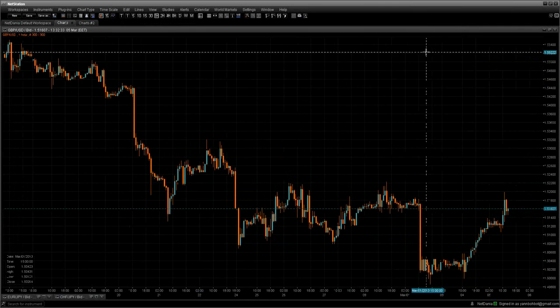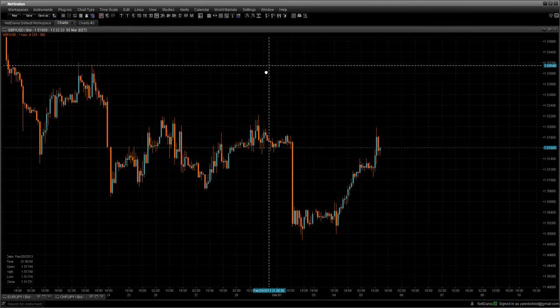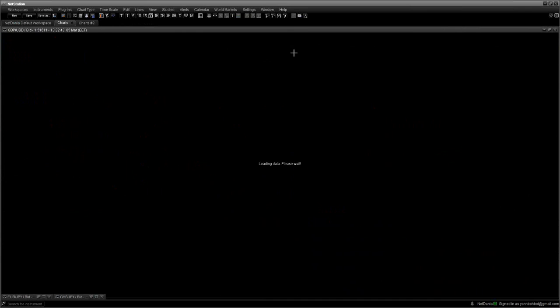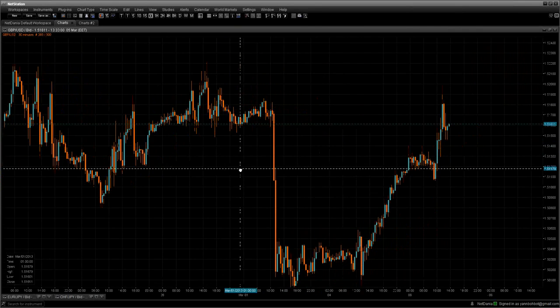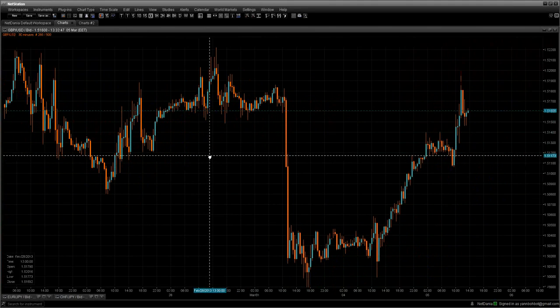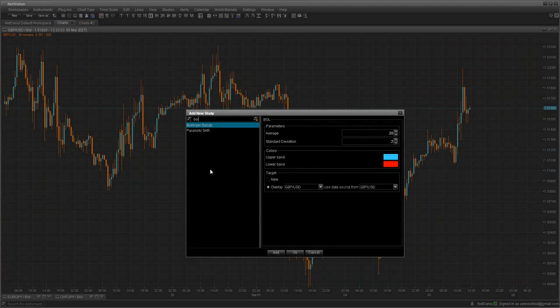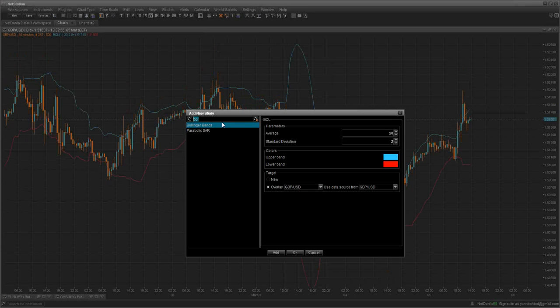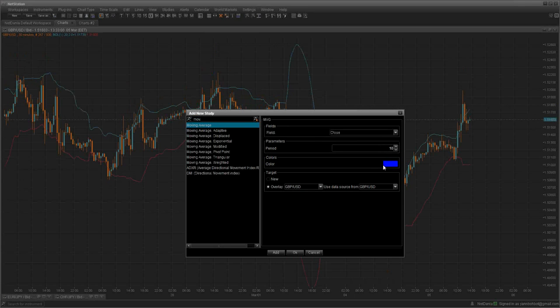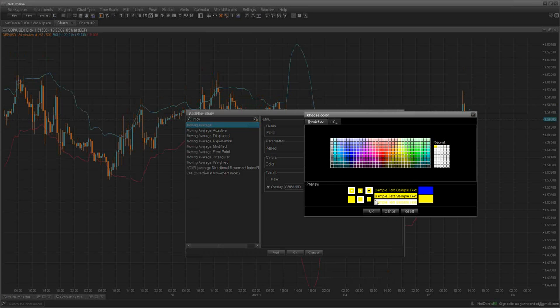Okay. So as you can see, this is on a 1 hour chart. Let's do a 30-minute. Let's move this a bit, and let's put our Bollinger Band. And then let's put our moving average, which will be in yellow.